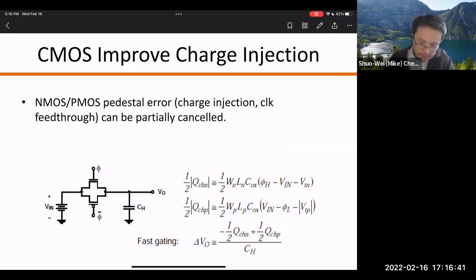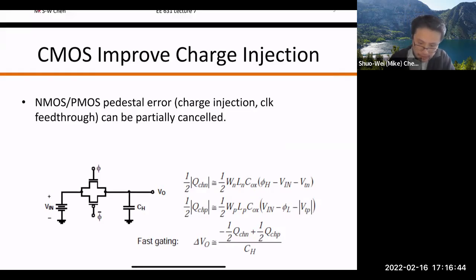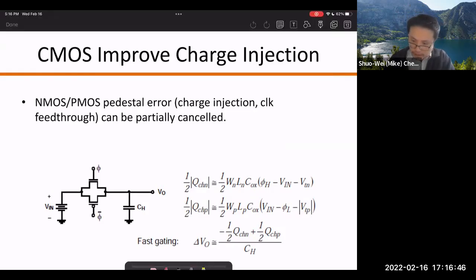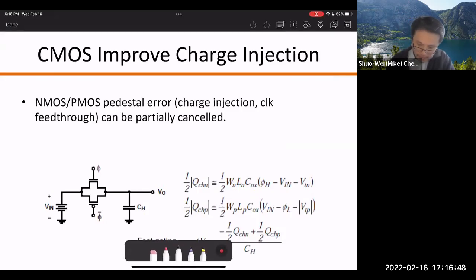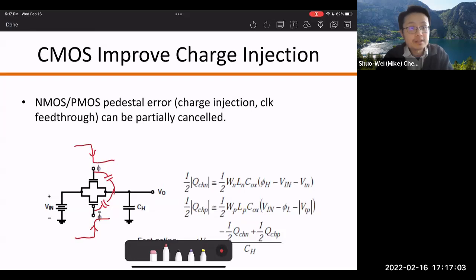For the charge injection, for the NMOS, the clock goes high to low, and for the PMOS, it goes low to high. Consider the clock feed-through, which mainly goes through the overlap capacitance.